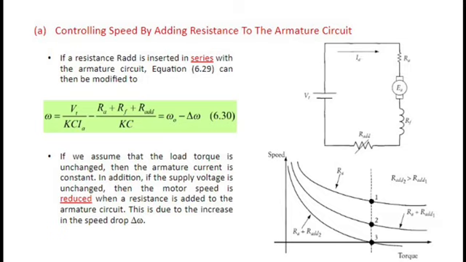In addition, if the supply voltage is unchanged, then the motor speed is reduced when a resistance is added to the armature circuit. This is due to the increase in the speed drop. For the formula, we can use the same formula as the previous slide by just adding the adjustable resistance with RA and RF.